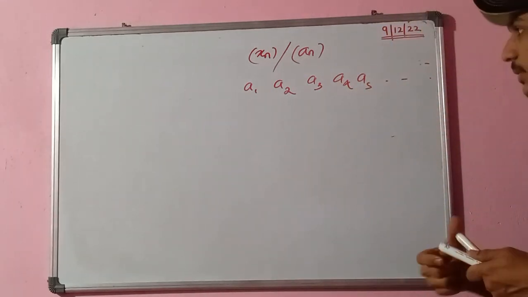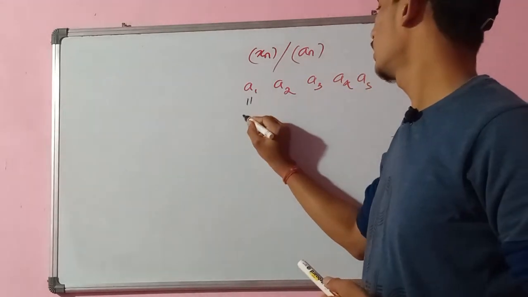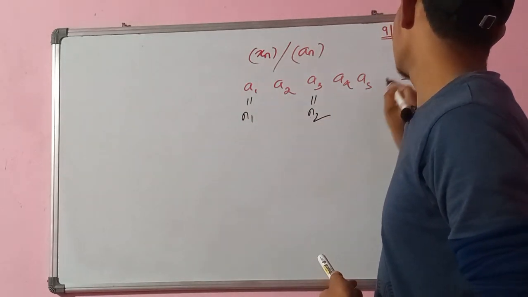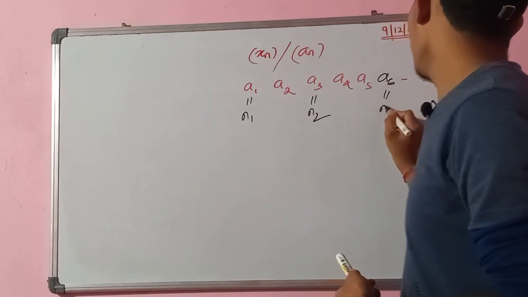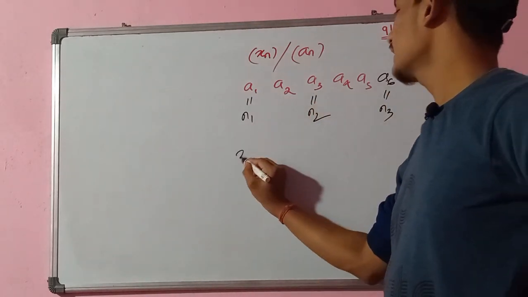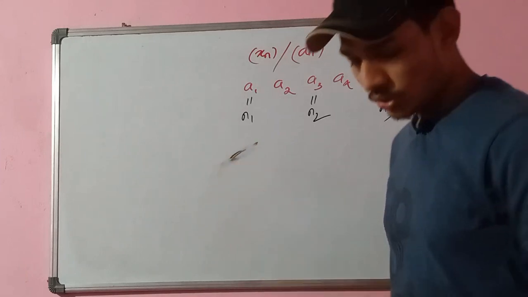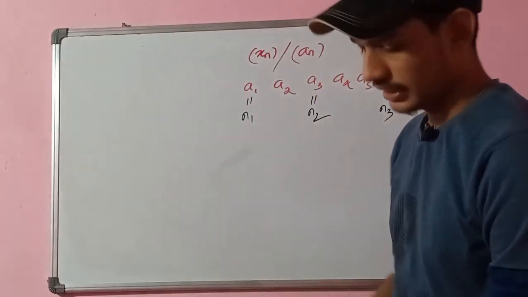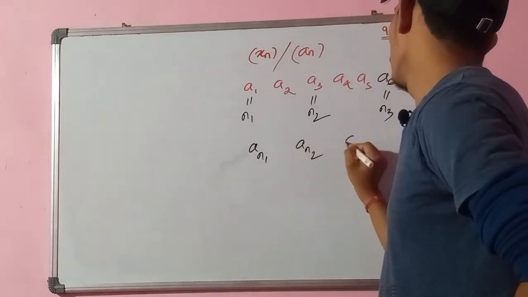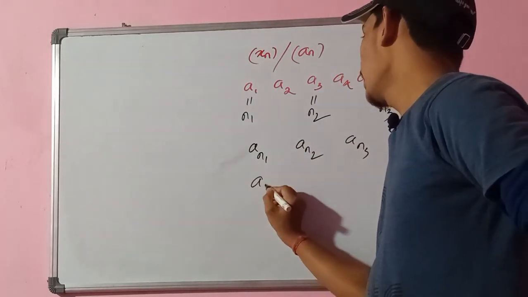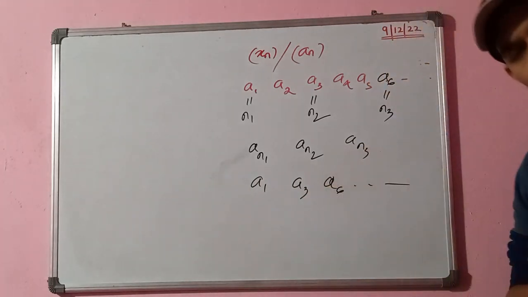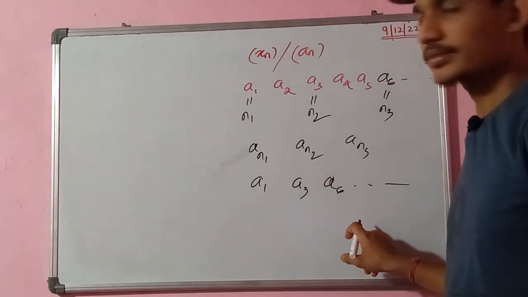Suppose this is at n1, this is at n2, this is a6 at n3. The sequence created by an1, an2, an3, meaning a1, a3, a6, is my subsequence. Understood?